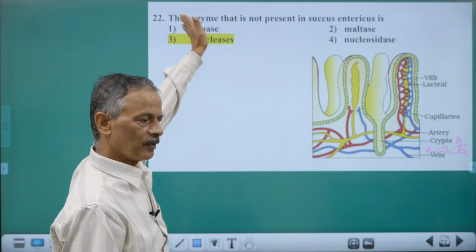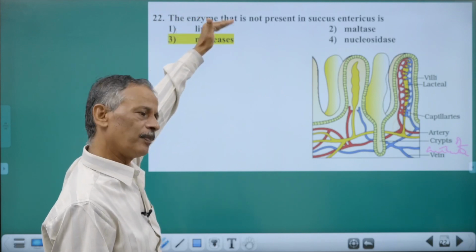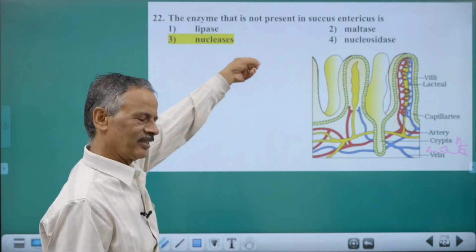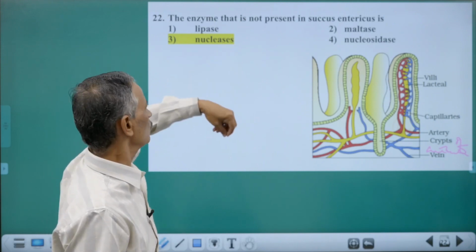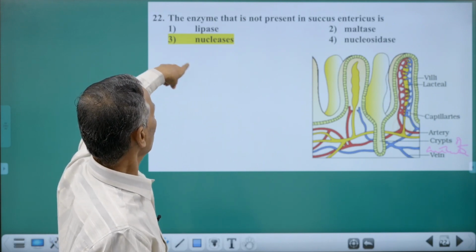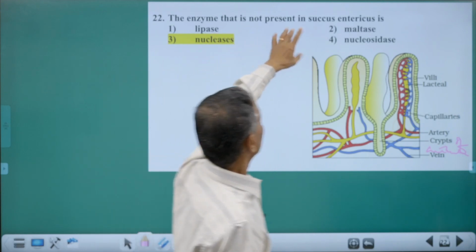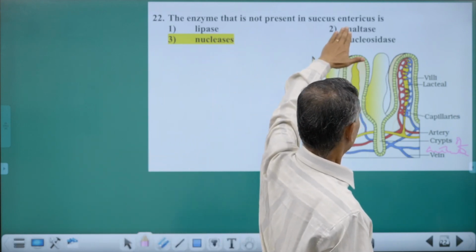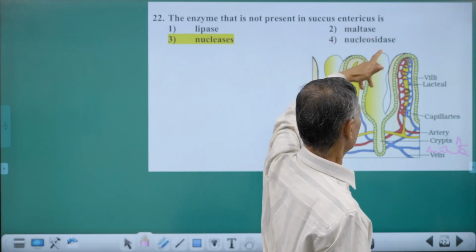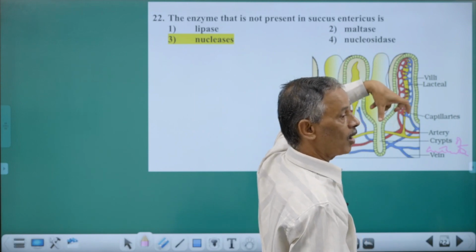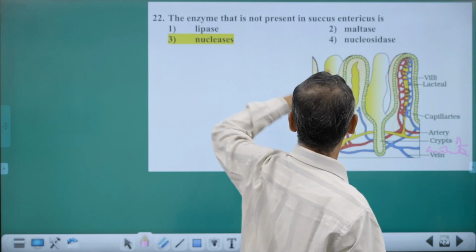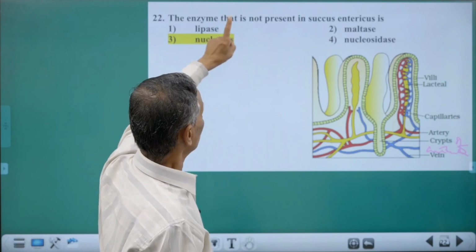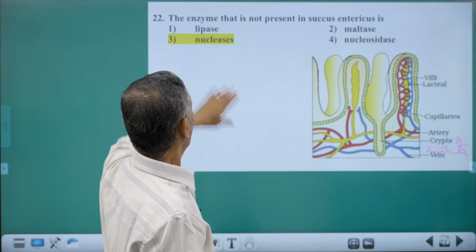Lipases. Lipases are present in the pancreas also, and in gastric juice also. Maltase. It is acting on maltose, breaking the maltose into glucose. Correct. So enzyme is present in Succus entericus.